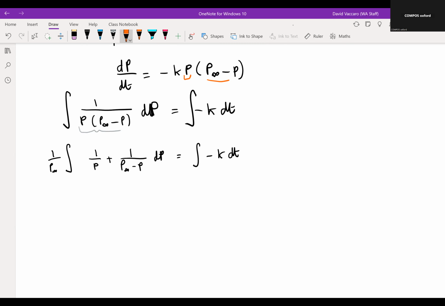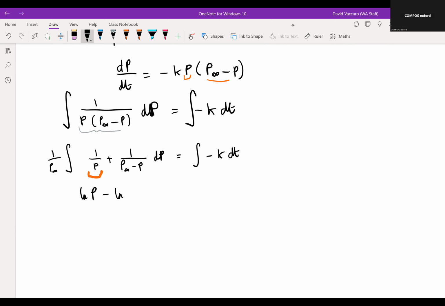So we can now integrate. The integral of 1 over p, in the chat please, to see if you're awake. Excellent. It's natural log of p because it's just function on the bottom and its derivative on the top. P infinity minus p, that's also like a natural logarithm, but the sign is wrong.